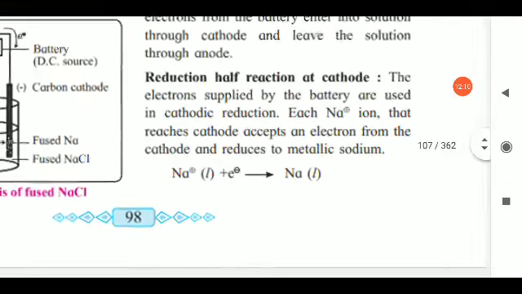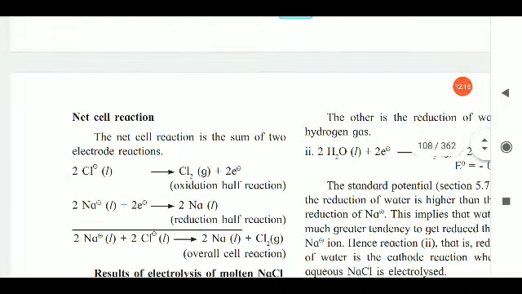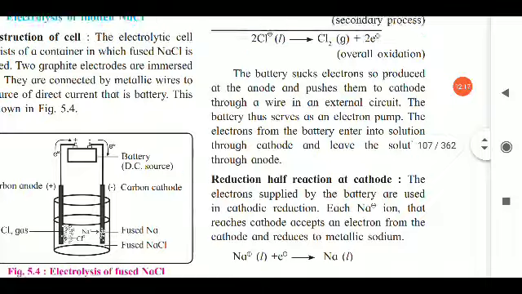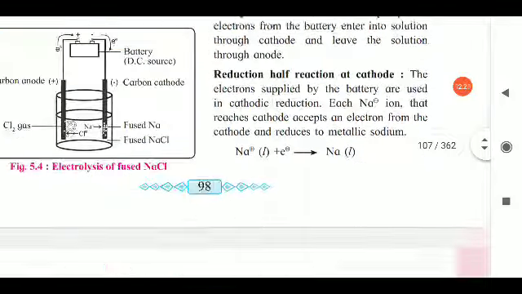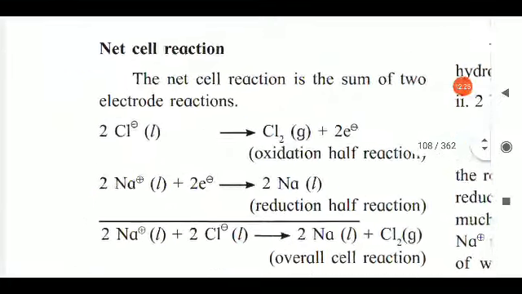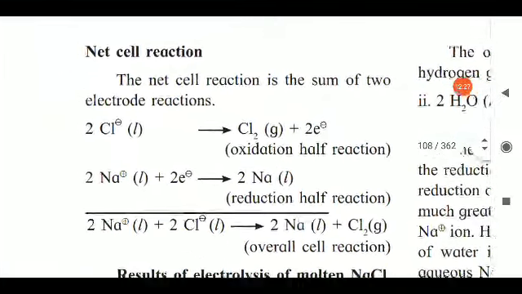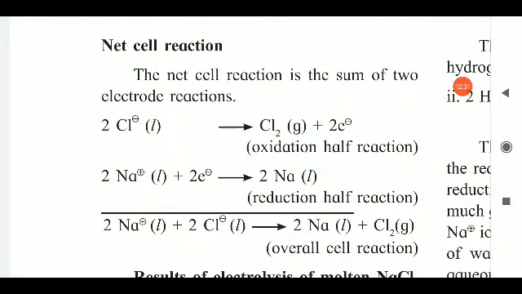So in this process, students, sodium gets neutralized. If we look at these two reactions taking place at the anode and the cathode, for the overall cell reaction we can combine both, so you will get the net cell reaction. The net cell reaction is the sum of the two electrode reactions.